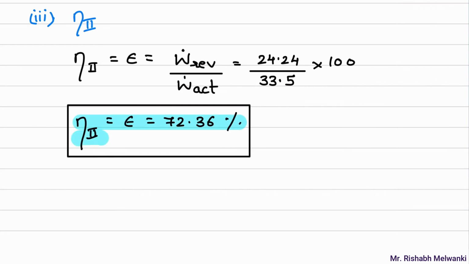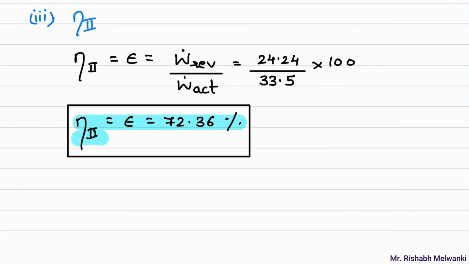What is the meaning of this? If the compressor were a reversible compressor, what power would it have consumed? An ideal compressor would have consumed, under the given condition, 24.24 kilowatt. But under the actual given condition, it is consuming 33.5 kilowatt of power, which is more.